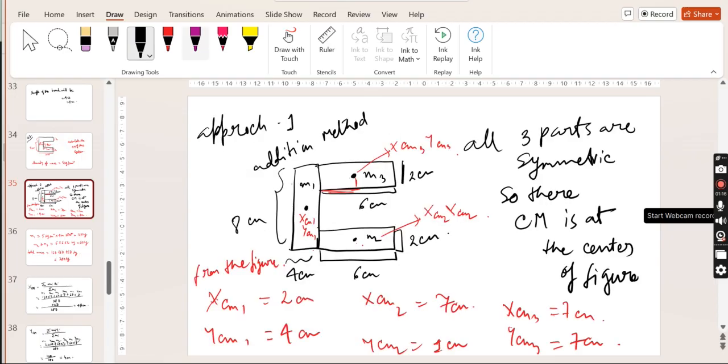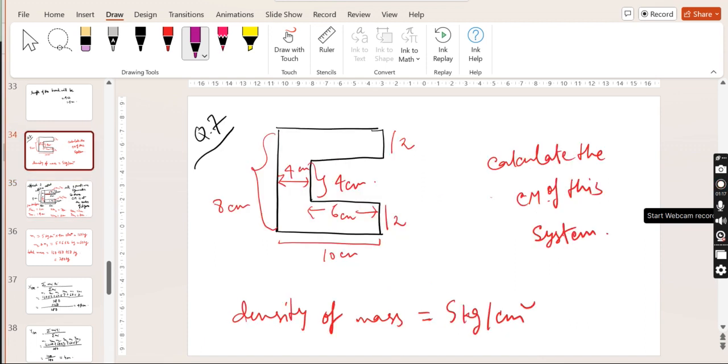So the center of mass of the whole system is 4.14 in the x-axis and 4 in the y-axis. So basically it is here, out of the system.